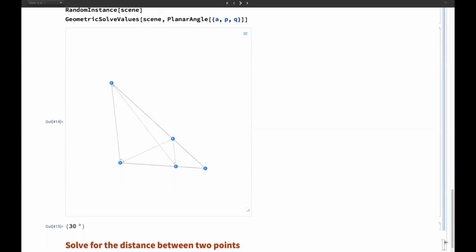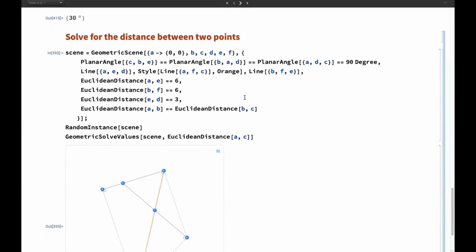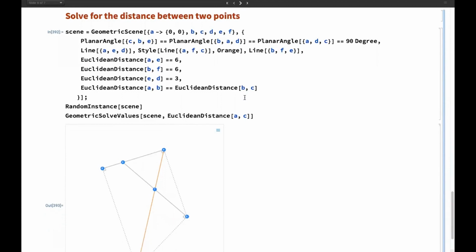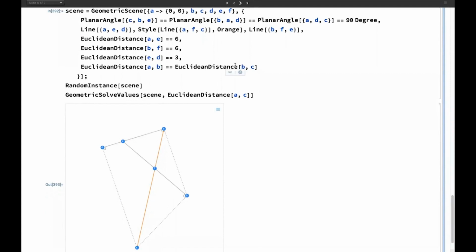And our final example for this part of the talk, we're going to solve for the distance between 2 points. So we've got this quadrilateral, and we've got a few of these angles specified as right angles. So right angle here, and right angle here.